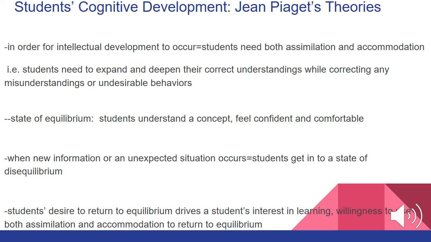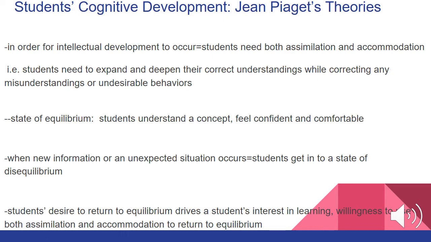Wait, do I not understand the world? Is there something I'm missing? Am I incorrect? And so Piaget argues that because people have a desire to return to equilibrium, to return to balance, and to feel confidence in your knowledge, that drives students' interest in learning.